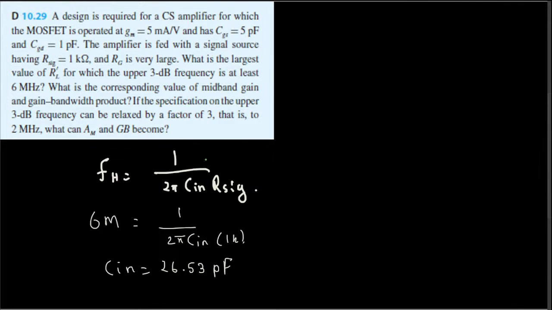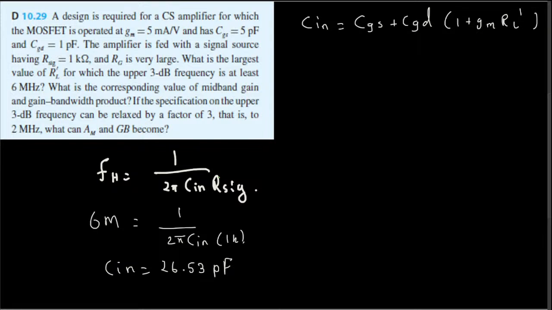Now once we have solved for Cin, there's another equation for Cin that is given by Cin is equal to CGS plus CGD times 1 plus gm RL prime, and the question is asking for the RL prime, and everything except that is available.